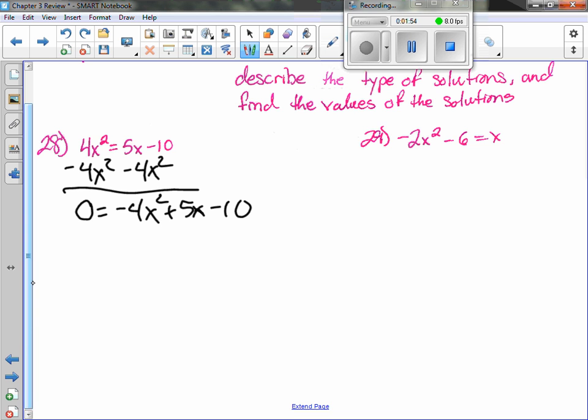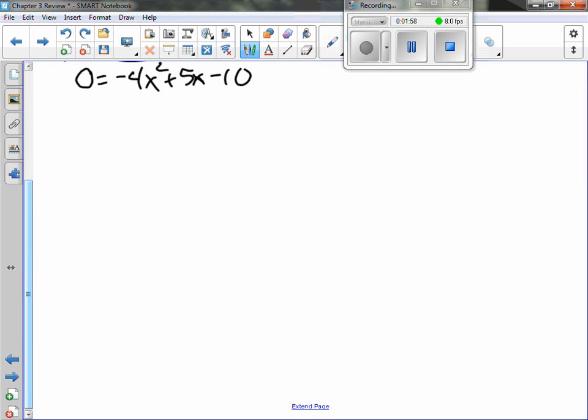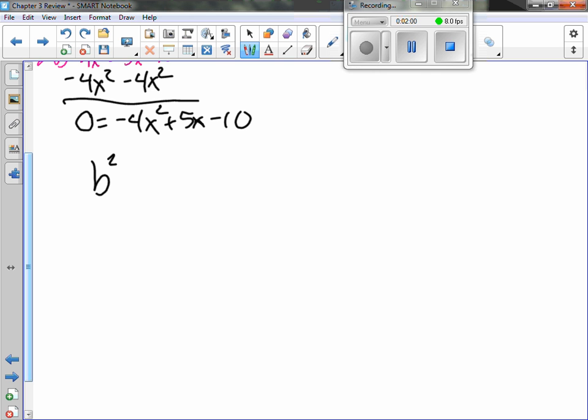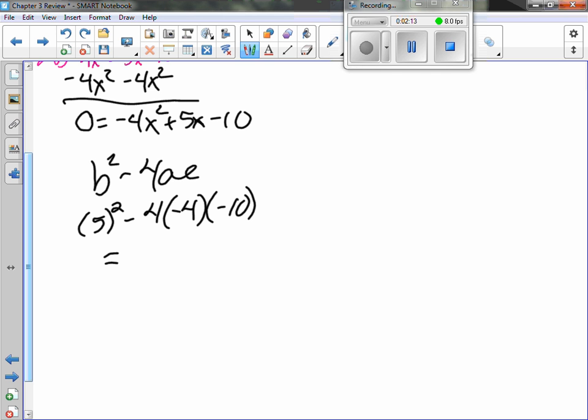And now we can use the discriminant, our b squared minus 4ac, because once we get it equal to 0, then we can plug it in. Now the value of b here is 5, so we'd have 5 squared minus 4, a is negative 4, and c is negative 10. After we plug it in, at this point you can plug this whole thing into the calculator.